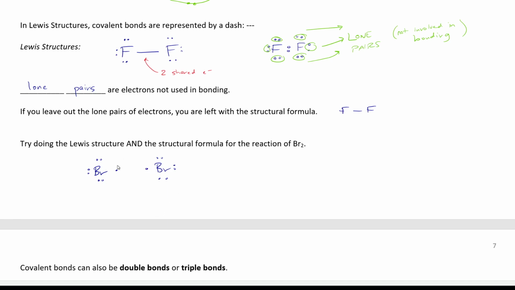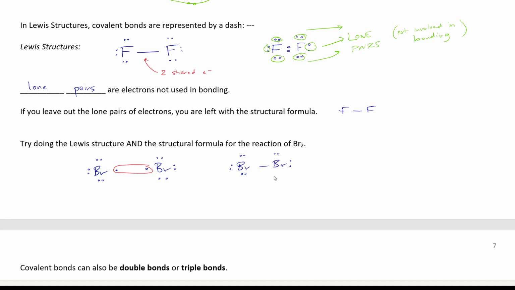They will share these valence electrons here, and this will form a covalent bond, and we will end up with a bromine molecule.